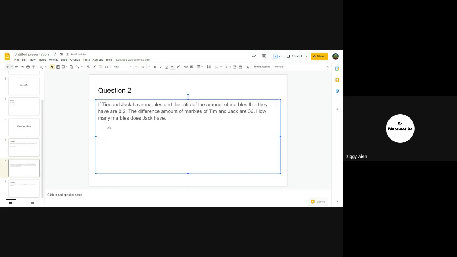Now the second question. This one is a little bit harder, but it's still doable. If Tim and Jack have marbles and the ratio of the amount of marbles that they have is 8 to 2, the difference of the amount of Tim and Jack is 36.